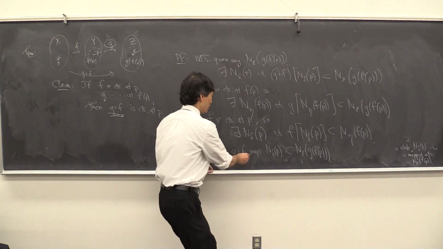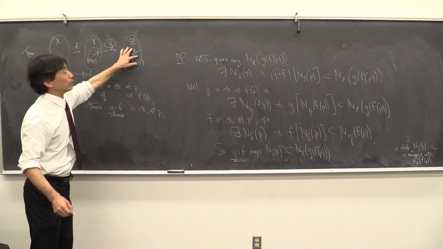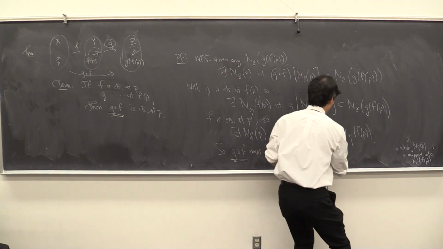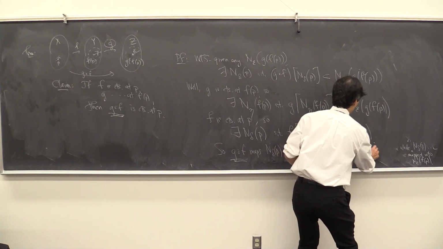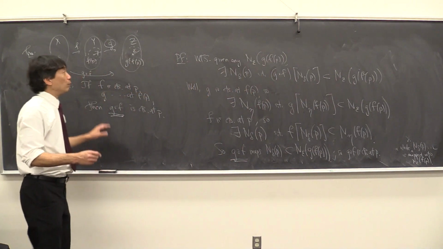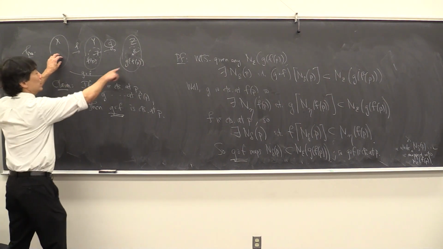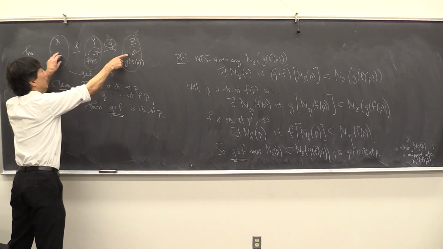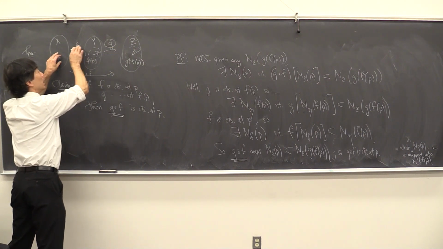And so g composed with f is continuous. You wanted to find a neighborhood around here that the composition would map inside the epsilon neighborhood, and we were able to do it by using the continuity of g and the continuity of f.